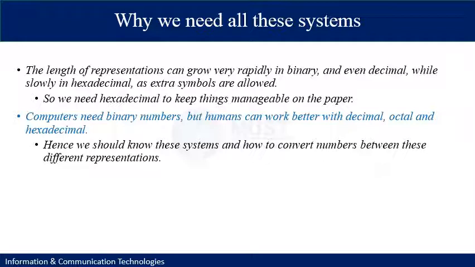However, computers only need binary numbers, but humans can work with decimal, octal, and hexadecimal numbers. Therefore, we should know these systems and how to convert between these different representations.